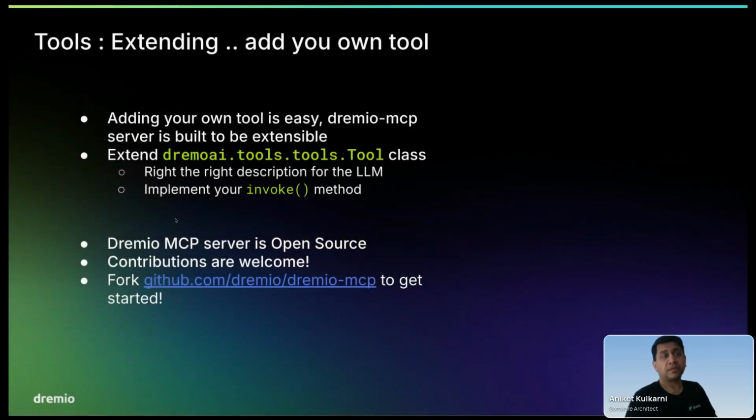Right. Now, we looked at how the extending tools help complement the core tools that are Dremio specific in the MCP server. But the MCP server is set up such that you can also add your own. Sometimes you can think of things that are more useful to your own workflow.